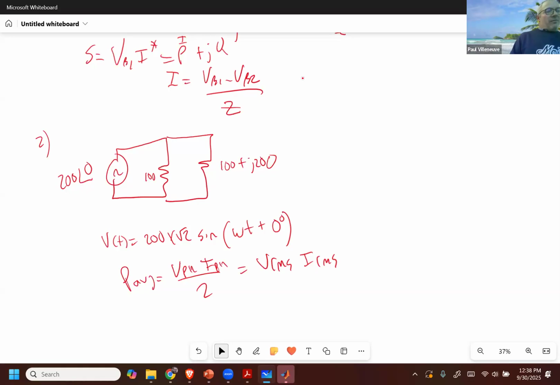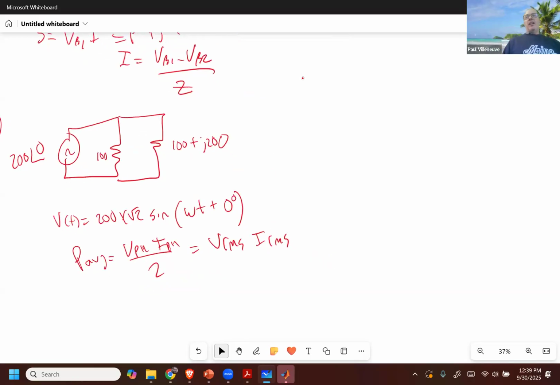All right, so I said find the total real and reactive power and power factor. I did this slightly differently than I think a lot of you did. I said P of the resistor is equal to V squared, 200 squared over 100.